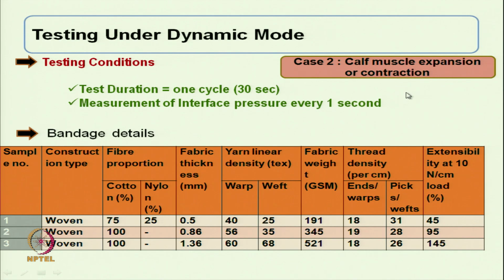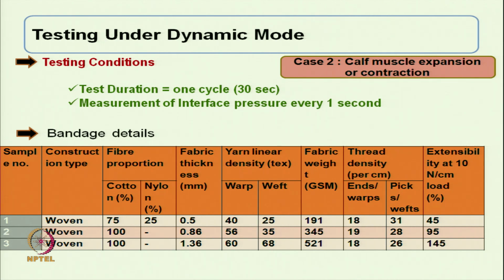Now, under dynamic condition, the effect of calf muscle expansion or contraction we have studied. Three different samples were taken. For the test duration, 1 cycle is a 30-second cycle, that means in 30 seconds there will be 1 cycle completed, expansion and contraction.